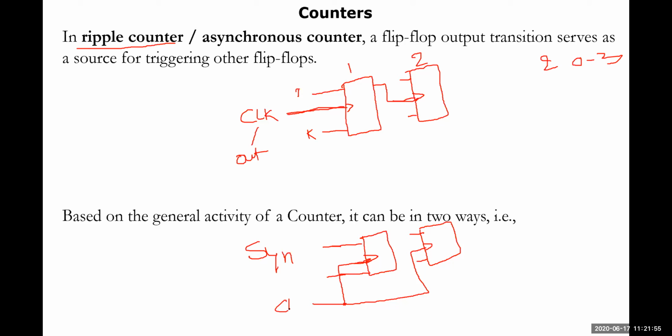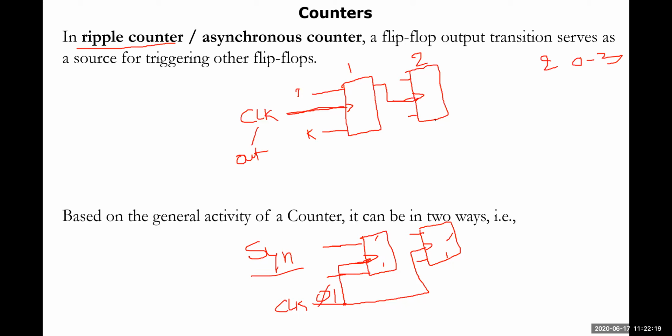This is the clock pulse. From this particular clock pulse, when it is equal to 0, it will also be 0 here, and also 0 here. When the clock pulse is equal to 1, it is taken as 1 and it is also 1 here, because a common clock pulse is connected to all flip-flops, whatever the number of flip-flops you have in your counter. Then it is called synchronous.